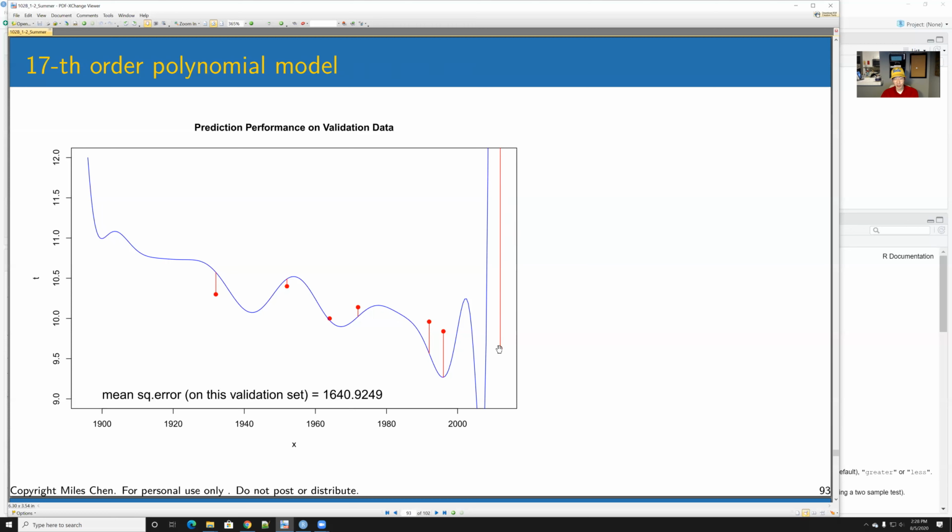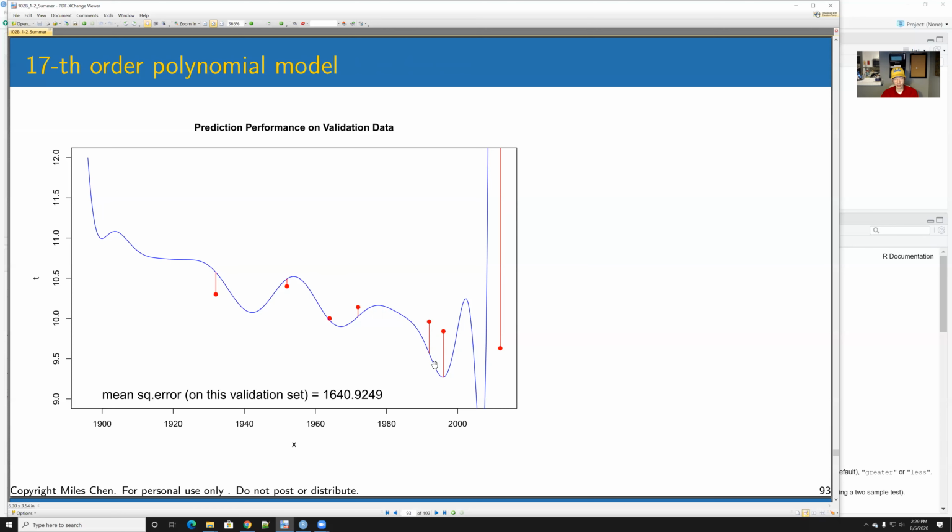There's a huge residual between this line and this line. It went off the page, and the mean squared error here is 1,640. It did a really terrible job of predicting this line. So it's very bad.